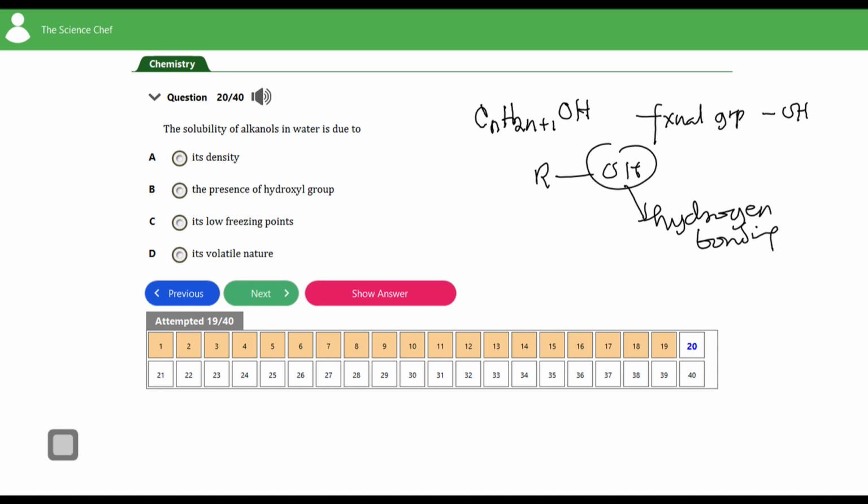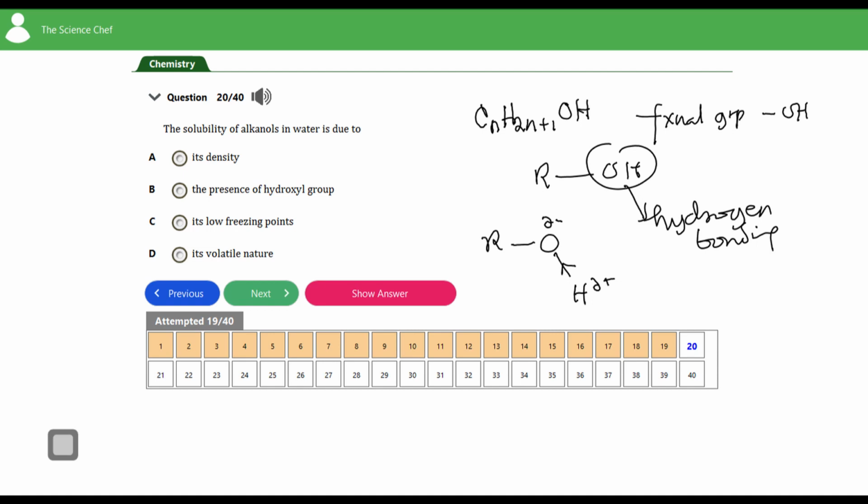So how do they form the hydrogen bond? Because of the polarity in the hydrogen-oxygen bond. The oxygen atom tends to pull the electron density used in forming the bond between it and the hydrogen atom towards itself, thereby making itself partially electron surplus and the hydrogen atom partially electron deficient.